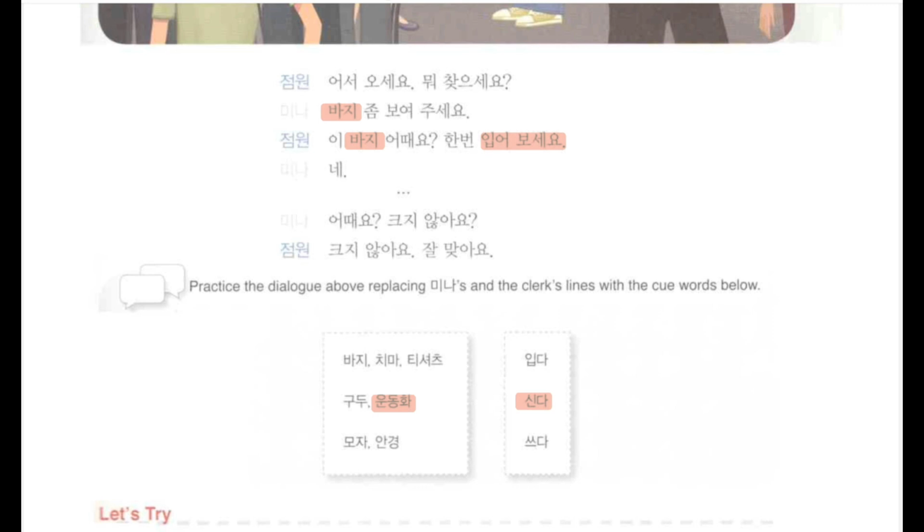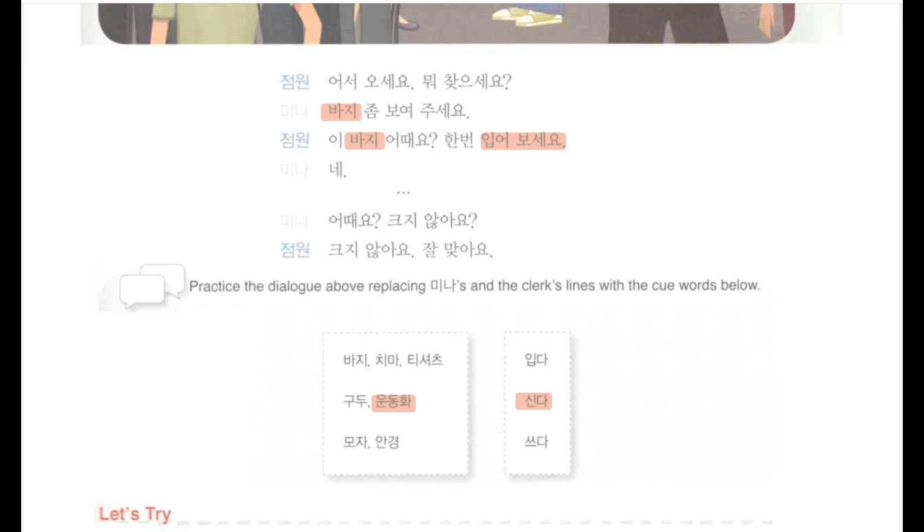Done? 자, 제가 점원할게요. 여러분이 미나 해주세요. 어서 오세요. 뭐 찾으세요? 이 운동화 어때요? 한번 신어보세요. 크지 않아요. 잘 맞아요. 오케이, 제가 미나 할게요.